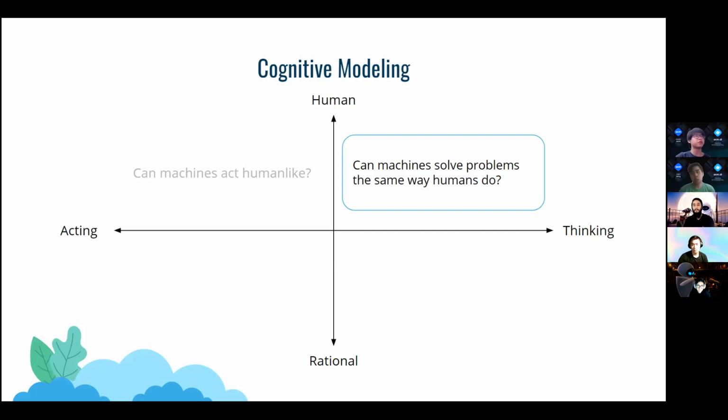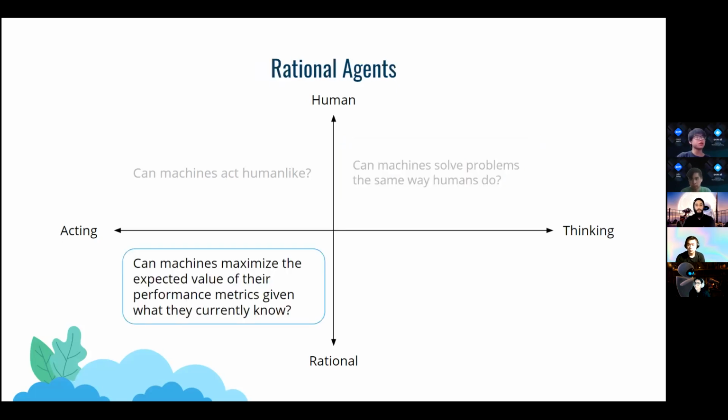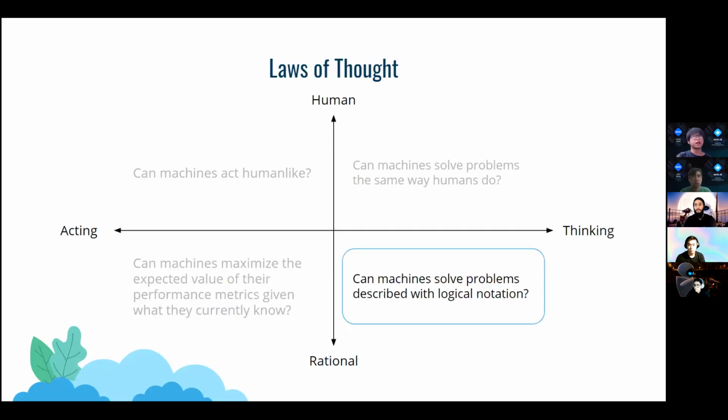Can they model human cognitive behaviors and problem-solving abilities and address issues the same way that we do? Then there's a rational agents approach, which looks at whether machines can maximize the expected value of given performance metrics based on what they currently know. And then there's a laws of thought approach, which asks if machines can solve problems described with logical notation.